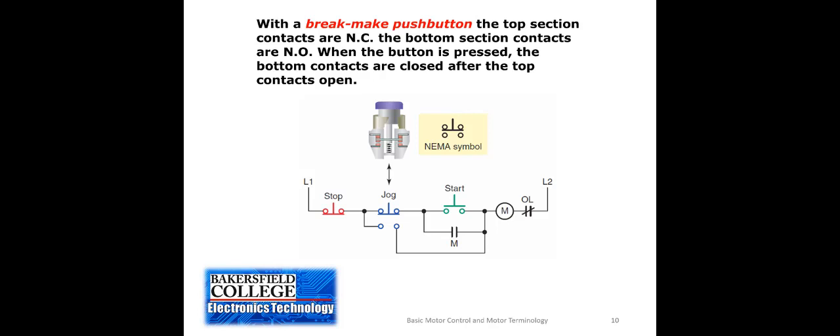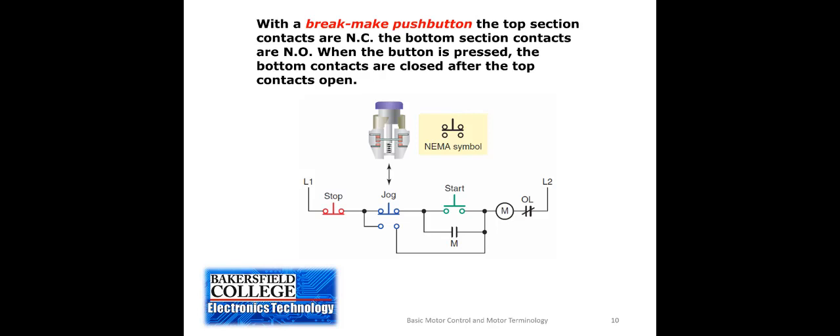When the jog push button, which is the brake make push button, is not pressed, this will function like three-wire control. You push the start button, the motor contactor coil energizes, the sealing or holding contact that's in parallel with the start push button closes, and when you release the start button, the circuit will continue to operate.